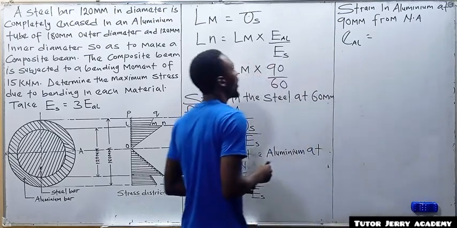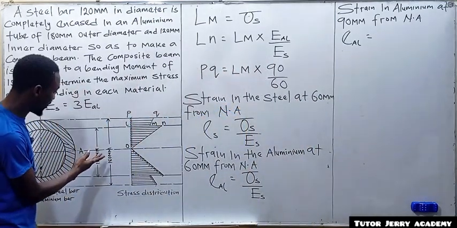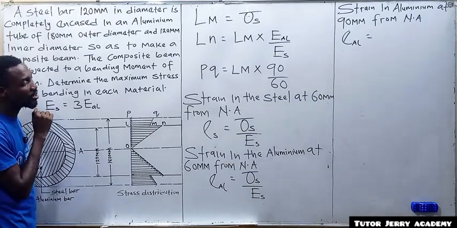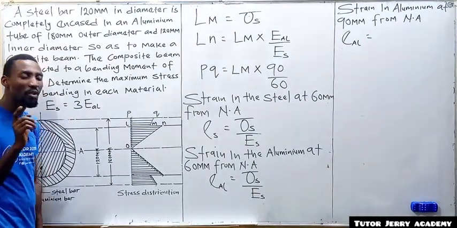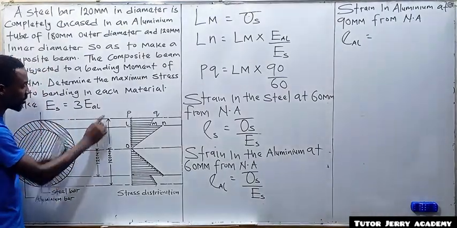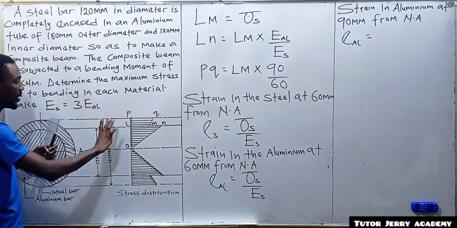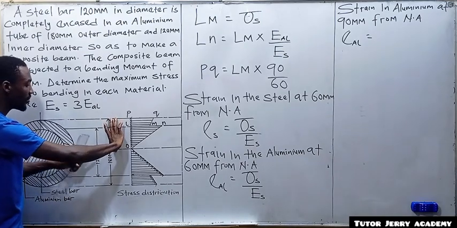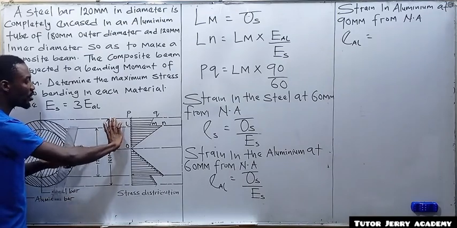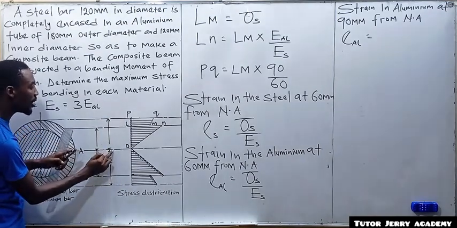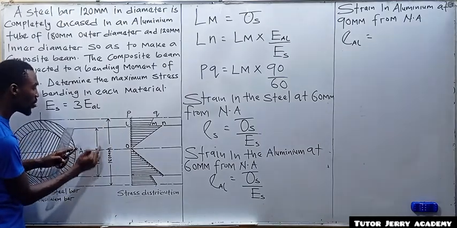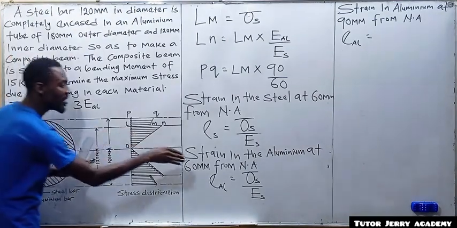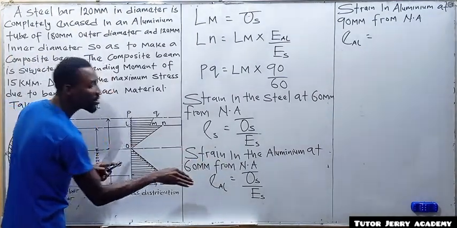So at 90 mm, that is from this point to this point, it is going to be 90 over 60, because if you move from this point to this point, this is what we want to consider, right? So it's going to be 90 over 60 multiplied by the stress of the steel all over the modulus of the steel.